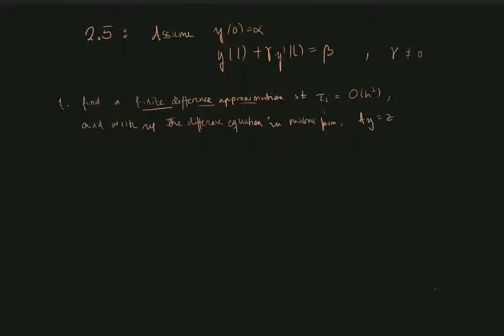And then you kind of think, well, can't we just use the one we already have? But the problem is, the one we already have assumes that y of 0 is equal to alpha, and that's good, but it also assumes that y of L is equal to beta. And that is something that is not satisfied here.